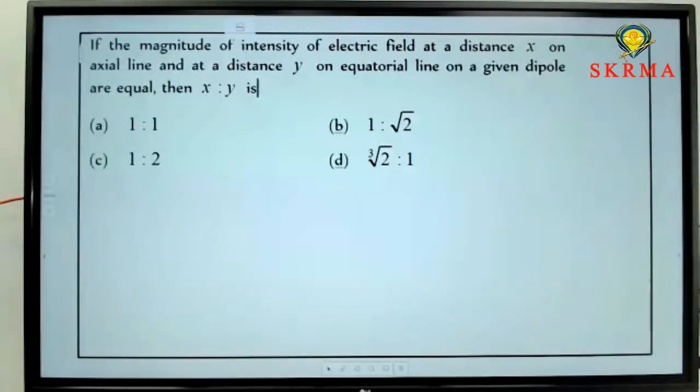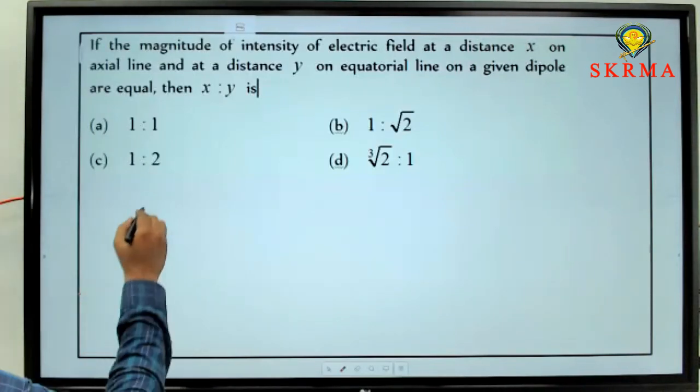Go through this one. If the magnitude of intensity at a distance x on an axial line and at a distance y on an equatorial line for a given dipole are equal, what is the ratio? The intensity on the axial line at distance x and on the equatorial line at distance y are the same.